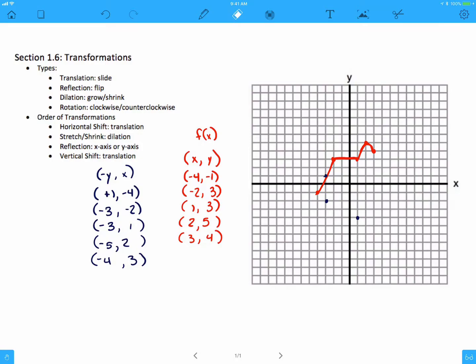Let's erase that. -5 up 2 and -4 up 3. And so here's my graph. And so what happened here is that this graph actually rotated counterclockwise. So it's a counterclockwise rotation.